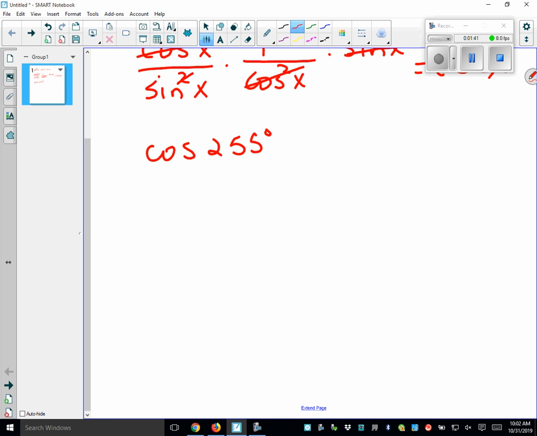Cosine of 255 degrees. Figure out what two things add or subtract to 255.